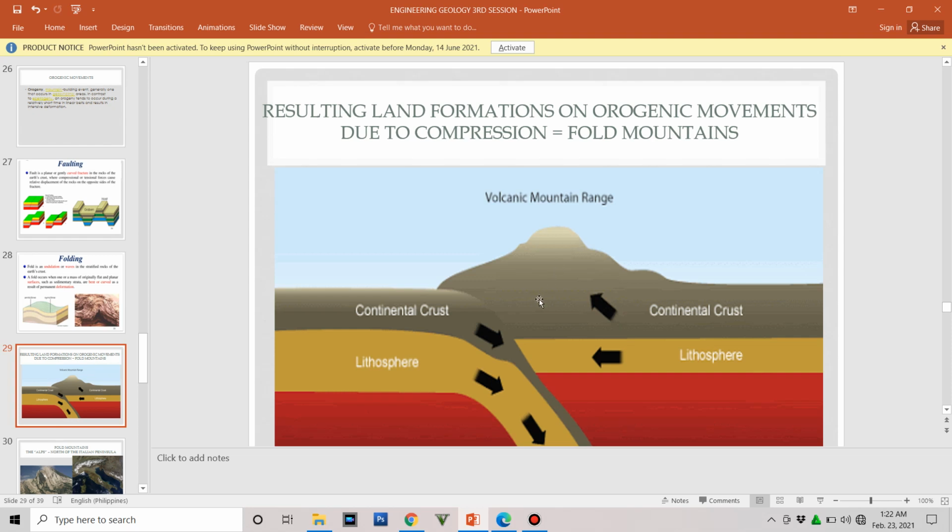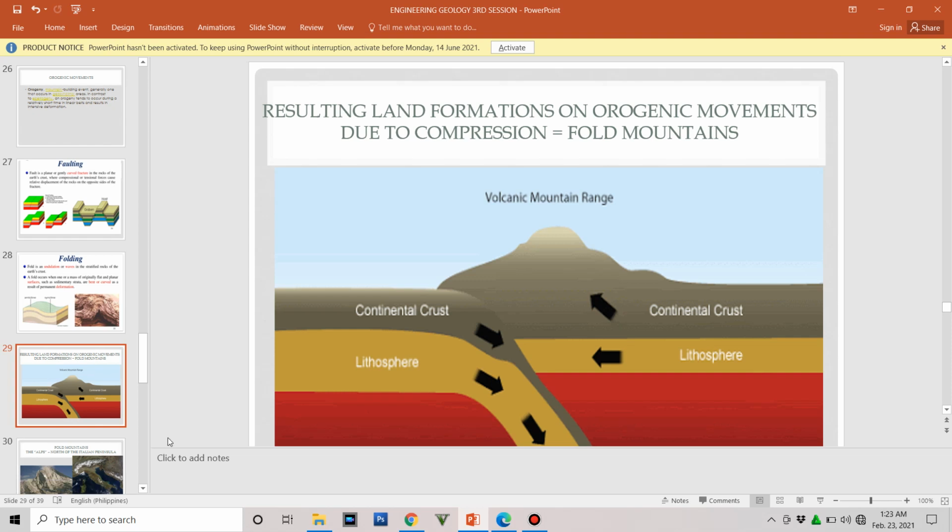So you can see in the diagram, yan, bumaba yan, then there will have an exit here on this portion. So the continental crust and the lithosphere are the involved layers. So pwede rin mangyari to between oceanic plate and continental plate. Okay.